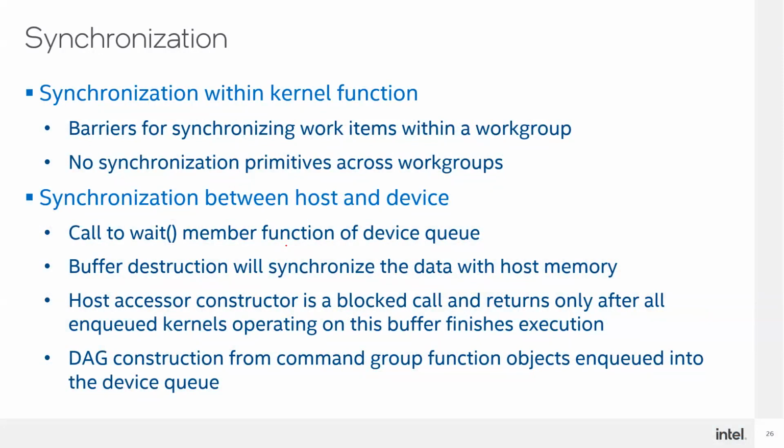And for synchronization between host and device, we already talked about buffer destruction, right? Which synchronizes the data with the host memory and takes care of copying. But there are other ways to do it, like calling the wait member function of the device queue or the wait member function of an event. I hope we will have time to talk about this. Or to use the host accessor, which is a special type of accessor.